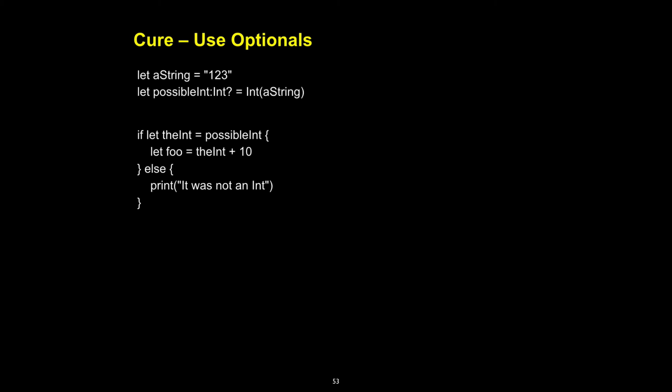Does the value exist or not? And so there's this crazy syntax where we do if let, and if the value does exist, then the if statement is run, and the int has the actual value, and if there wasn't a value, then we execute the else part.